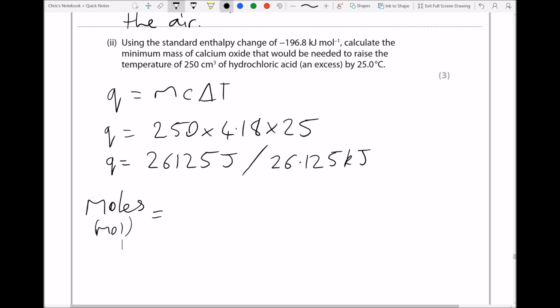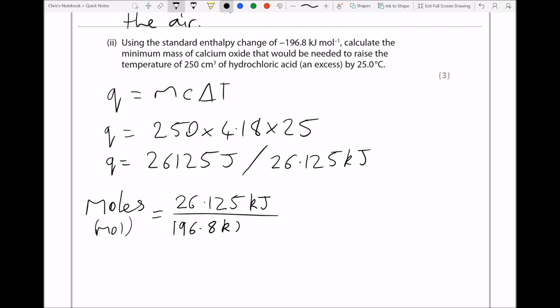The number of moles is 26.125 kilojoules, the energy we've just worked out, divided by the enthalpy change, 196.8 kilojoules per mole. Now, this is where the brilliant thing is. If you see on here, I cancel the kilojoules out, I'm left with mole, which jumps up and effectively turns into just standard mole. So that's how we can work out the number of moles from that.